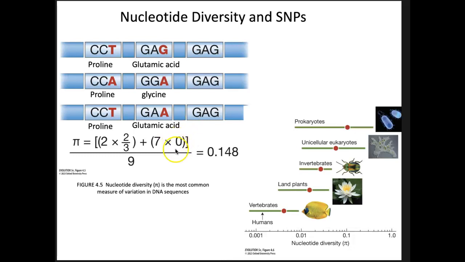And that's where the 0 comes from. But at 2 of the sites, you can see that we have red letters. So at 2 of the sites, we have bases in red text, and that means that the sequences are differing. And if we look at these differences, we see that in 2 out of 3 possible pairwise comparisons, we have a difference.